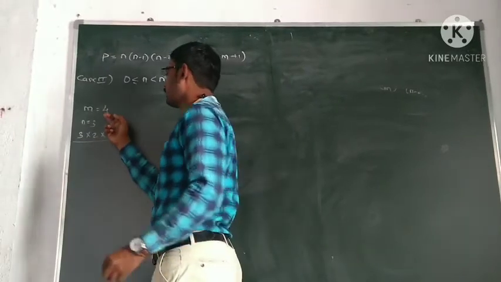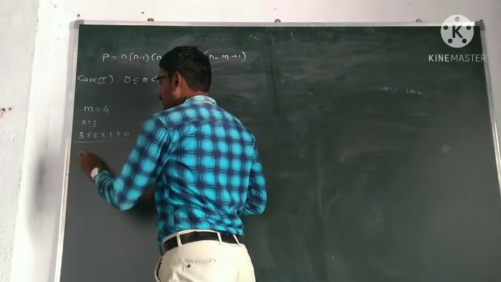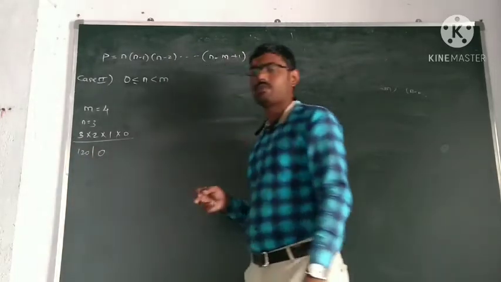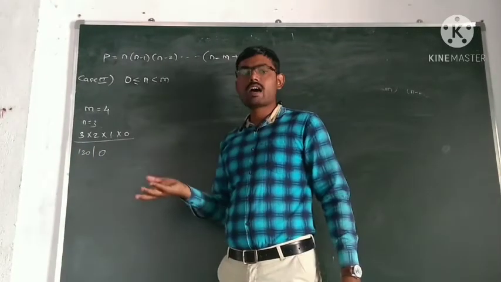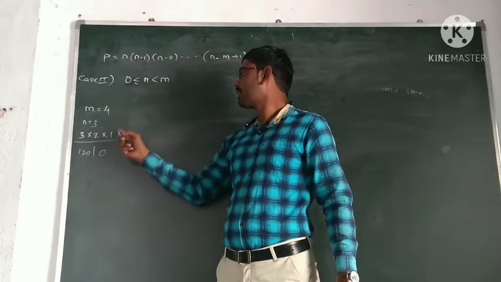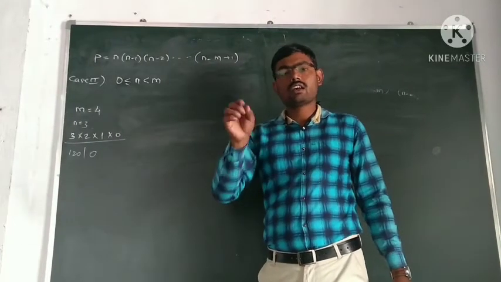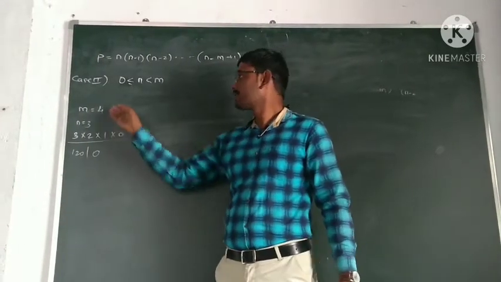So we can say that m factorial, meaning 4 factorial, which is 24, divides 0. Any non-zero number always divides 0. Whenever n is less than m, one factor is always equal to 0, so the product of m consecutive integers becomes 0. So m factorial always divides 0. This is the second part.